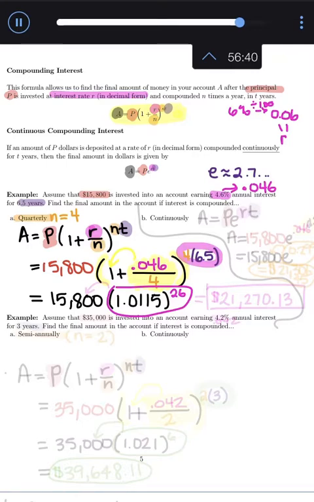And then I can multiply it by what was out in front, the 15,800, which gets me a total of 21,270. Remember, this is money, so I only need to round to the cents, which is 0.13. That's how much money I would end up with in my account, which includes your original amount and any interest that was added on.